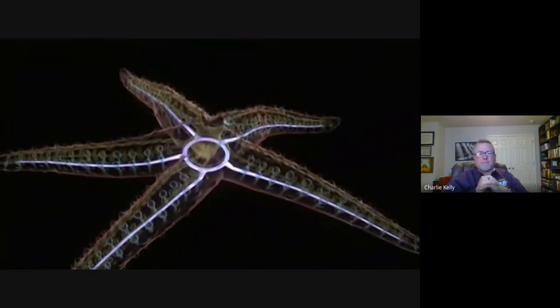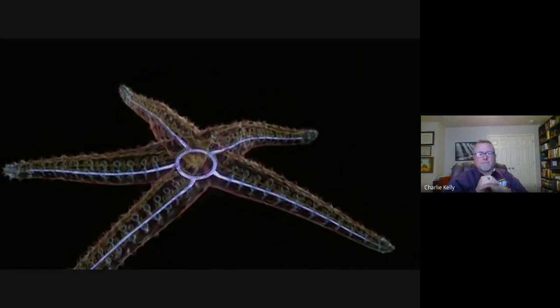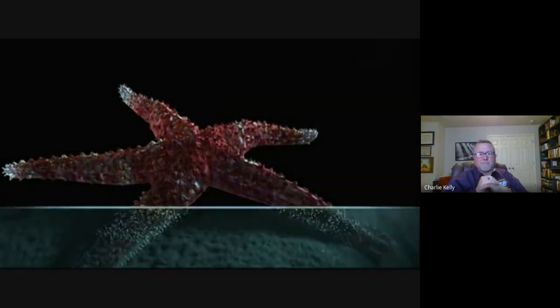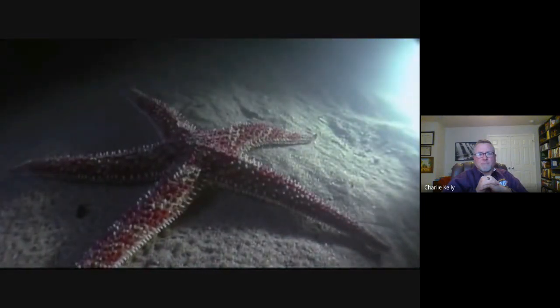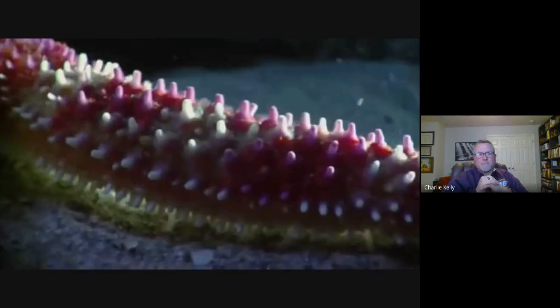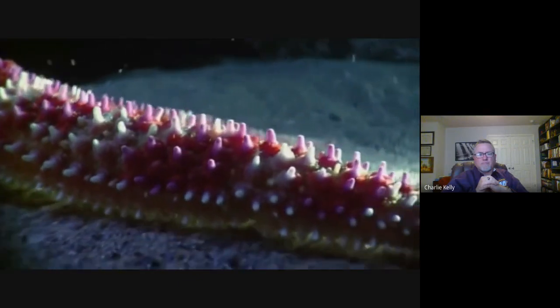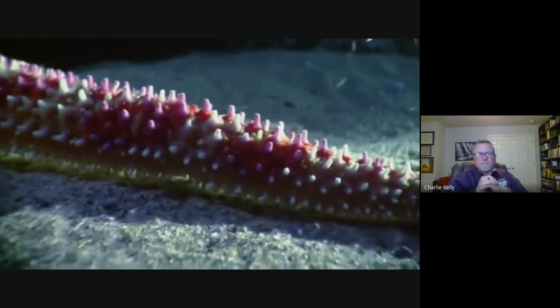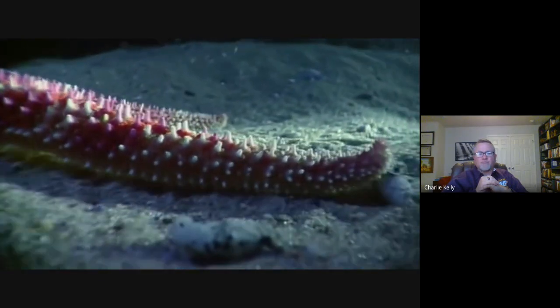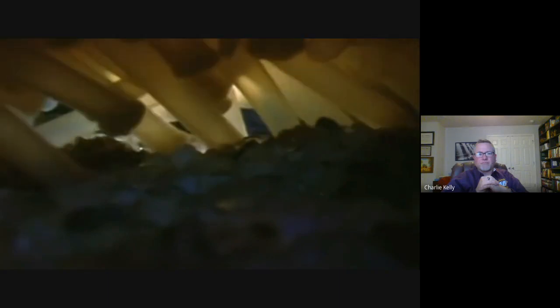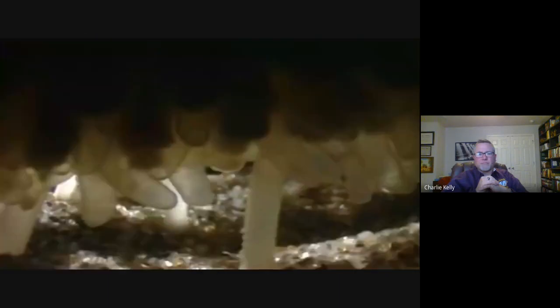How do creatures built on such a simple design, so different from our own complex bodies, manage to survive and even thrive? Echinoderms move and feed like no other animals on Earth. They use remarkable organs, completely unique in the animal kingdom. Hydraulically powered tube feet.